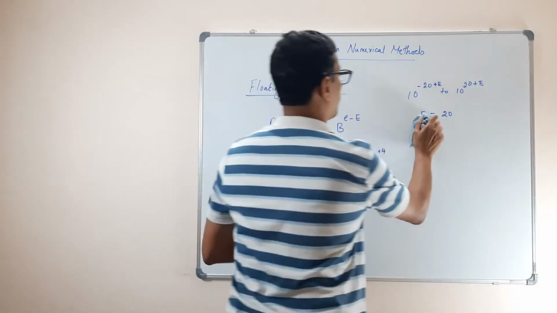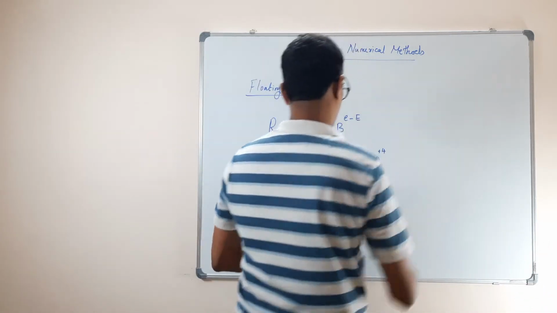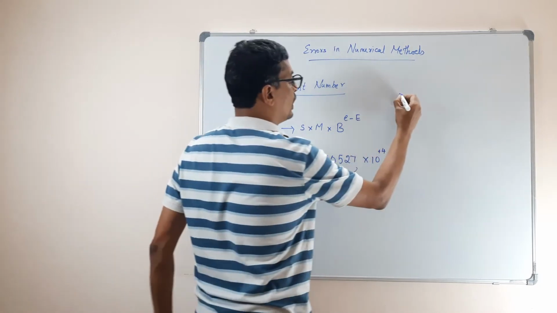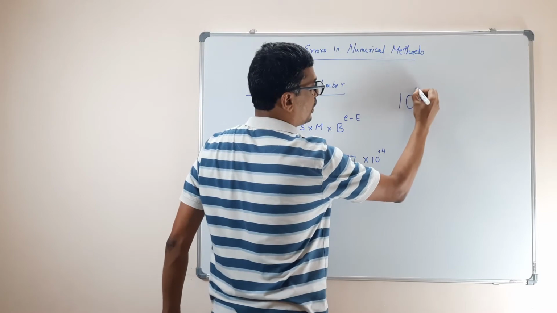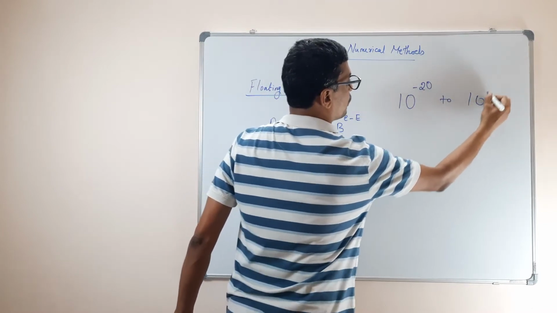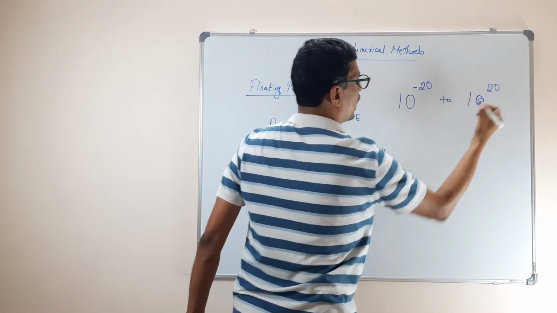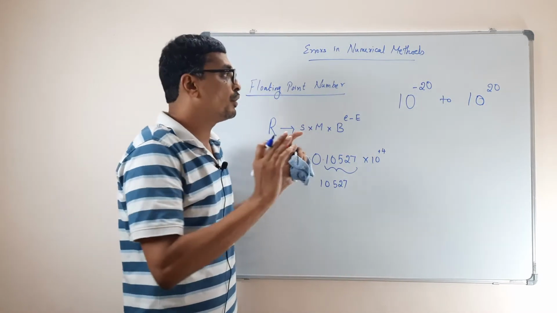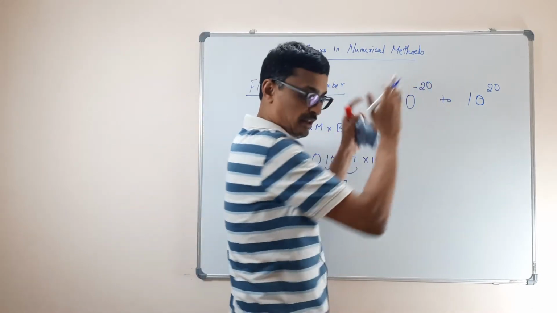See, what I'm saying is, for example, I'm going to deal with a problem in which my numbers range from 10 to the power of minus 20 to 10 to the power of 20. So these are the numbers I am going to deal with in my problem, and I know I am not going to use any number beyond it.